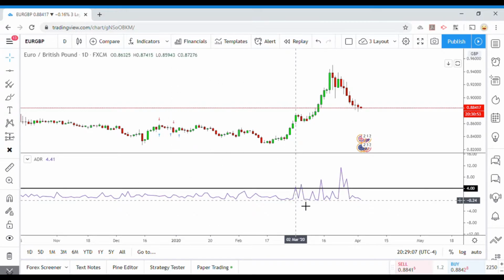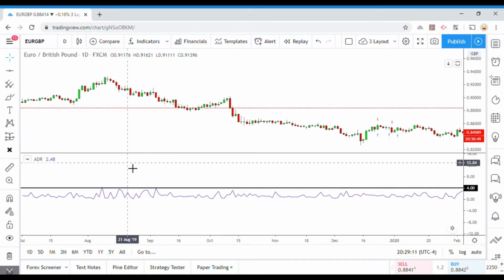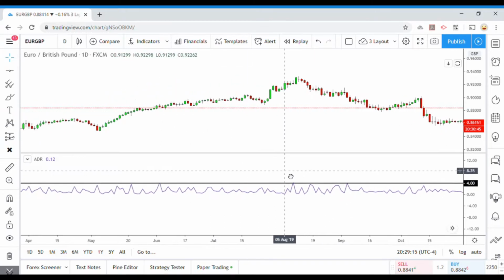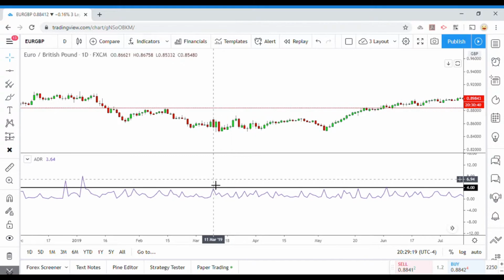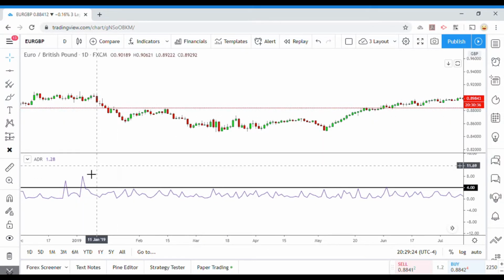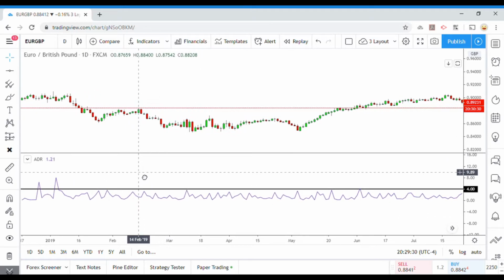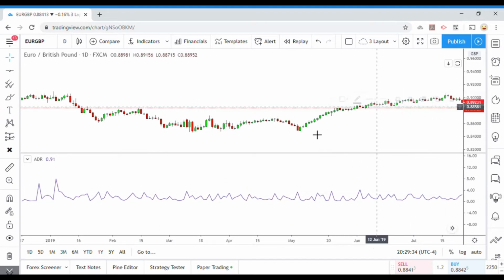I don't think this number 4 signal line really is doing anything. Basically what I'm doing is scrolling back and looking at the points where it breaks to see if any kind of price action is taking place, and it just does not look like it. So we're going to delete that.